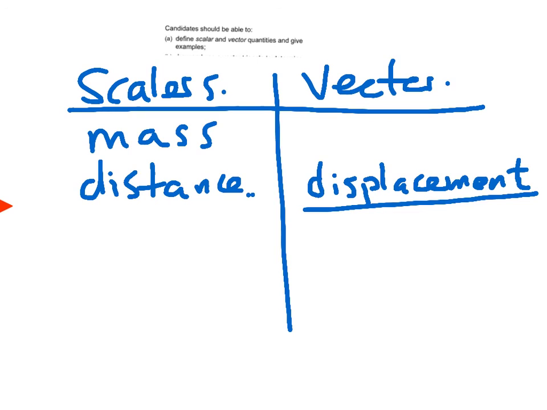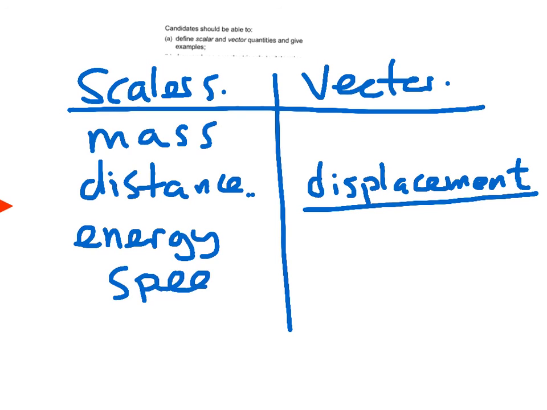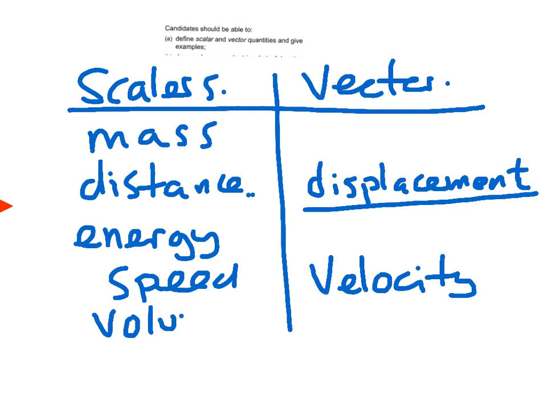Distance is a scalar. Okay, energy, does that have a direction? Nope. Okay, speed. That's the one that doesn't. And velocity is your vector. It has a direction. Volume. Does this bottle of Coke have a direction? No, it doesn't. Neither does temperature.